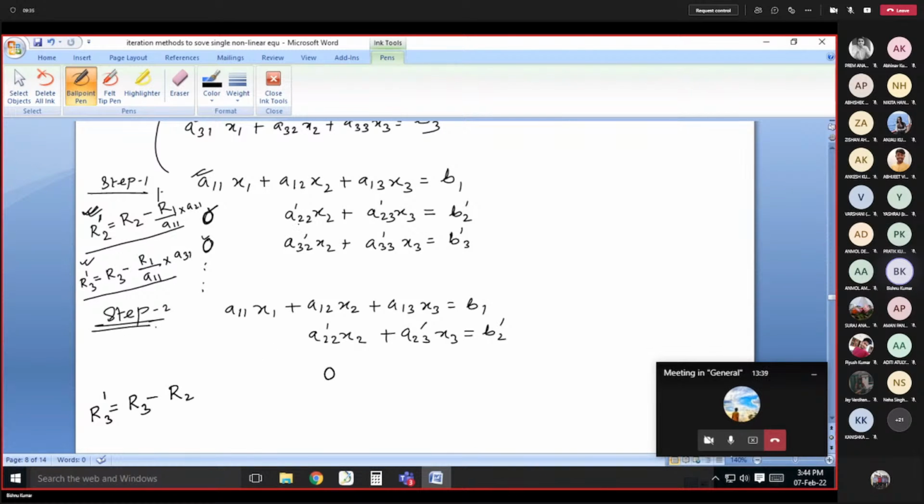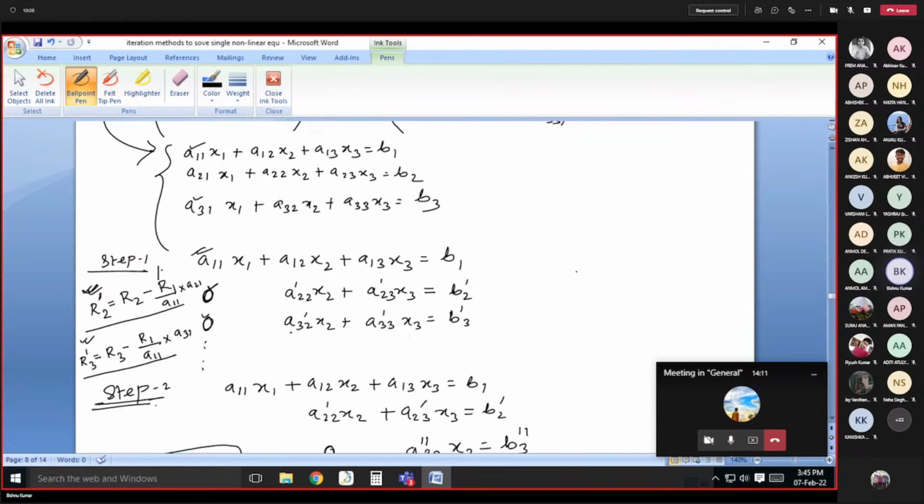In this case, I divide by A22 dash, and the coefficient I multiply by is A32 dash. If I perform this operation, this position will be 0. I will perform this operation on the remaining elements in that row also. So this will be the new coefficient, which I rename as X3 double dash, and B3 double dash.